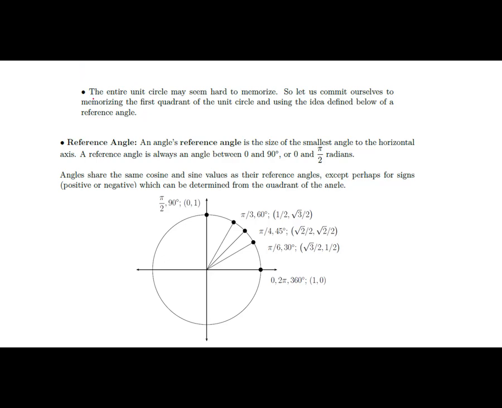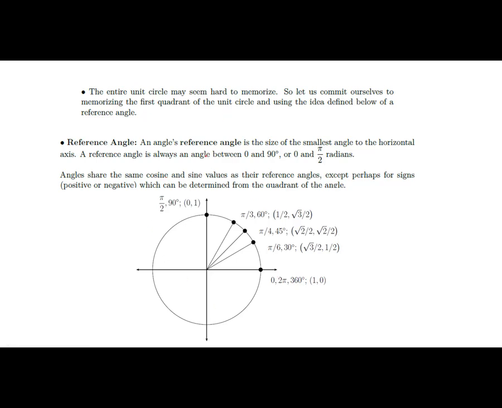So the concept of a reference angle will be really helpful to us here. So here's the definition. An angle's reference angle is the size of the smallest angle to the horizontal axis. Okay? A reference angle is always an angle between 0 and 90 degrees, or 0 and pi over 2 radians. Okay?